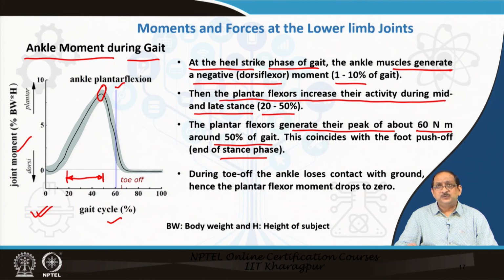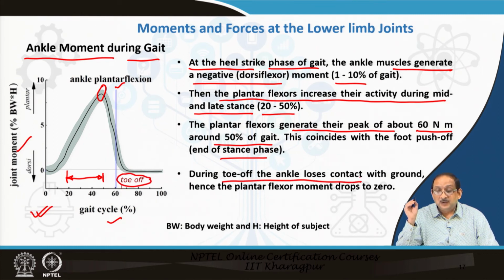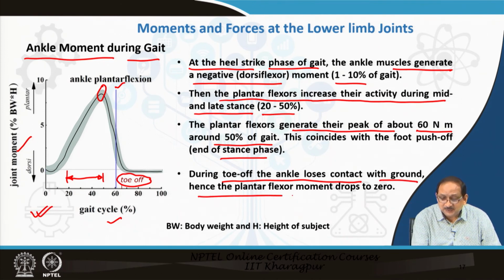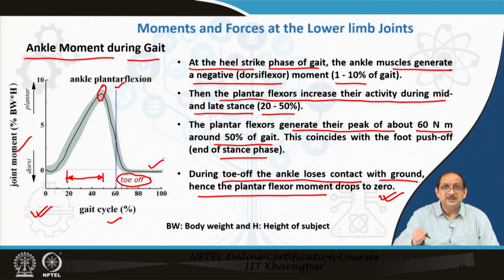During toe off, the ankle loses contact with the ground, hence the plantar flexor moment drops to 0, as indicated in the figure, because there is no contact between the ankle and the ground after or starting from the toe off instant.